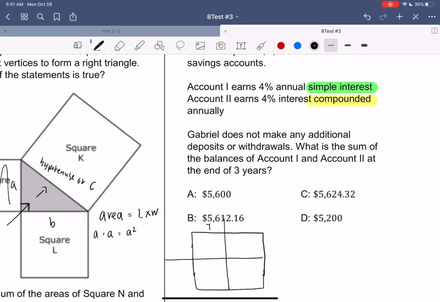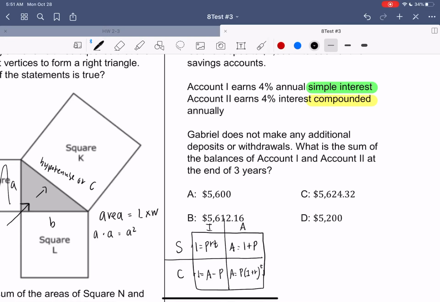So we have interest and amount, simple and compound. So I equals PRT, and A equals I plus P. A equals principal times 1 plus R to the T, and interest equals total amount minus principal.